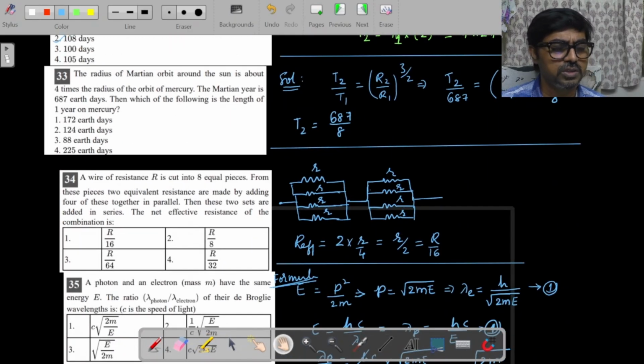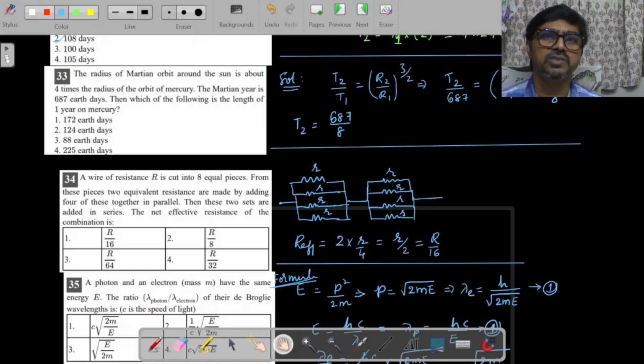Let us look at question number 33. The radius of the Martian orbit around the sun is about 4 times the radius of the orbit of Mercury. Okay, so Mars' radius is 4 times that of Mercury. Martian year is 687 Earth days, then which of the following is the length of 1 year on Mercury?